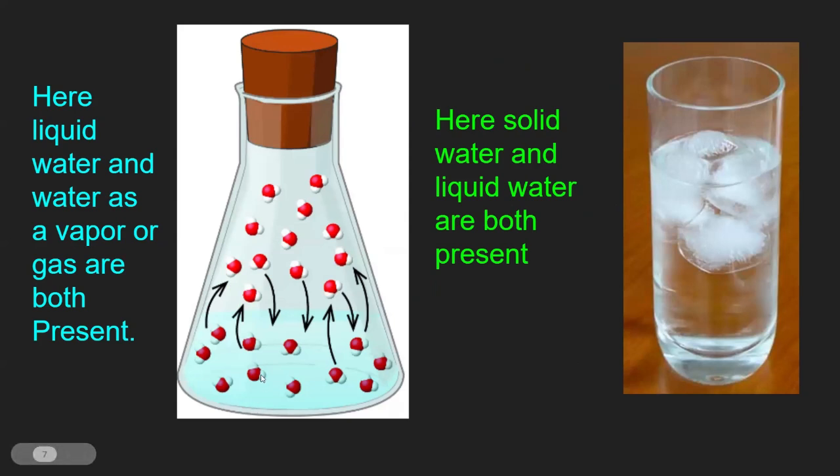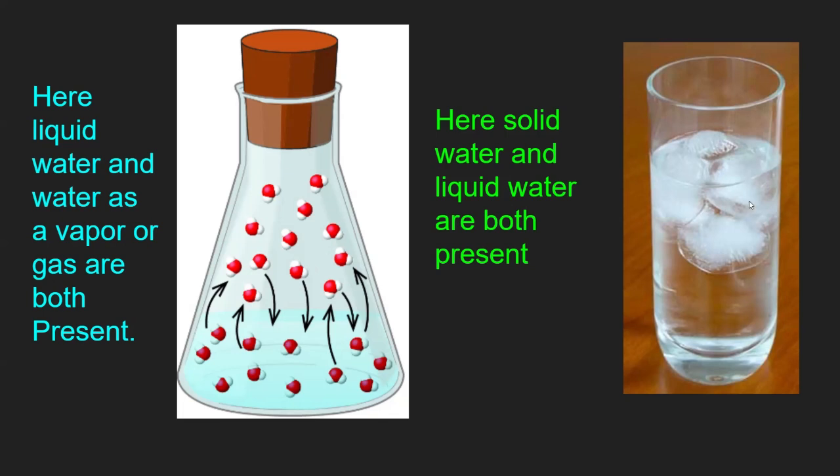On the left, you've got a phase change from liquid to gas. This is evaporation or vaporization, where you have some liquid present, and some of that liquid has evaporated and become a gas. This is a phase equilibrium between liquid and gas.